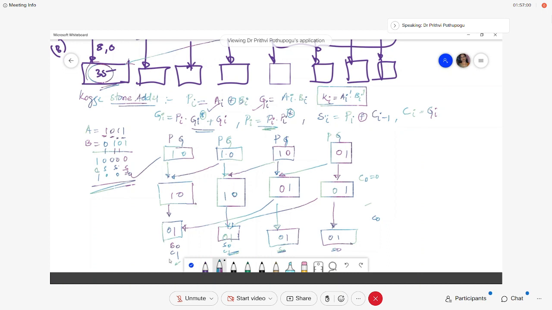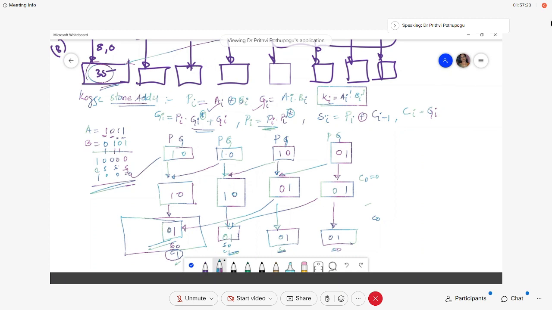So all the stage carries will be reflected at the final carry, because this is the place where we will find the final result. If it is decimal, the total complete result.